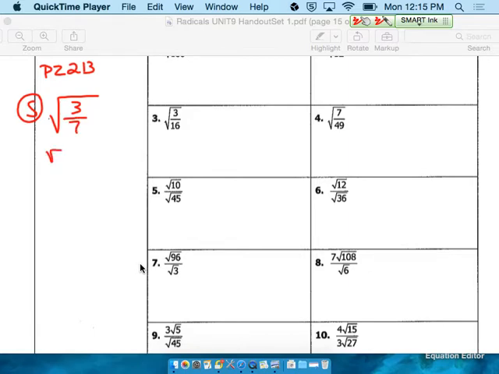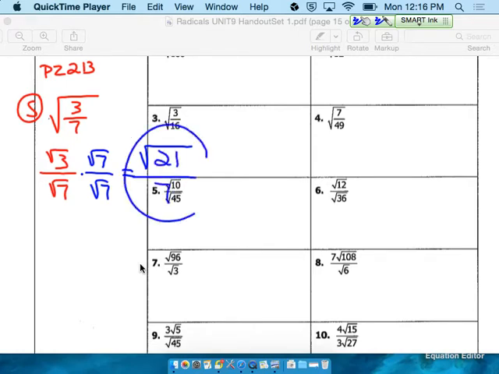I would break this into two pieces, and then multiply by just the denominator, radical 7 over radical 7. Multiplying straight across, I get the square root of 21 over the rational number 7. That would be my simplified answer, and if you look at the bottom of the page, you'll be able to find that answer.